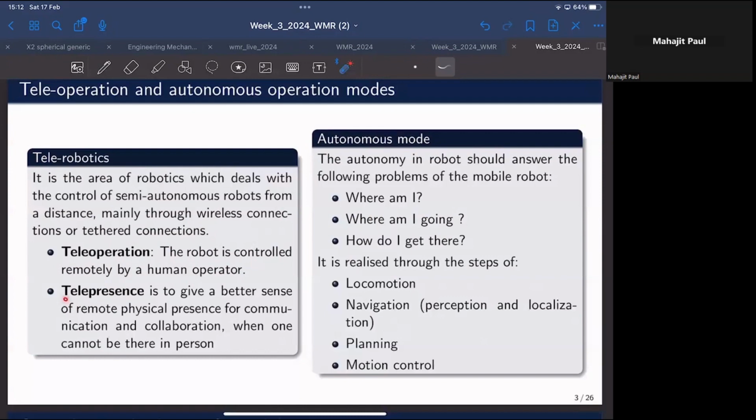The other aspect is telepresence. As per the definition, it is to give a better sense of remote physical presence for communication and collaboration. For example, these days you have tactile robots, where if a supervisor is not on site and wants to feel a finished product, or how an object would look or feel, just like how he would feel it using his hands, he could use this tactile robot.